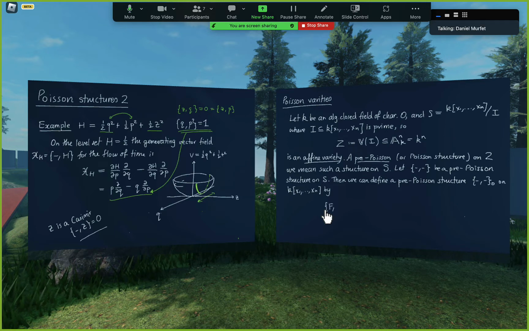So {f, g}_0 is going to be this expression, where these x_ij's are such that when you take them modulo I, you get the pairing of xi and xj.